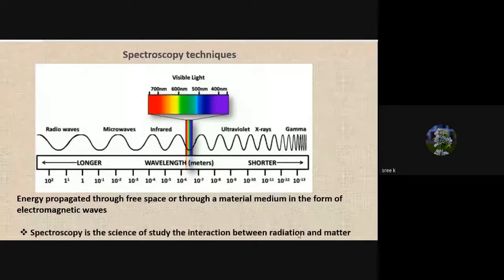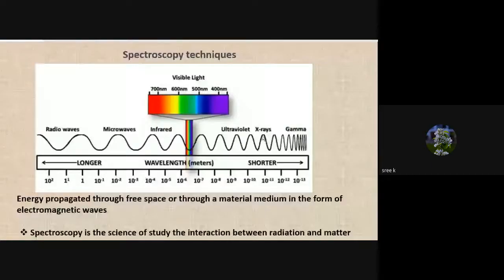So you have radiations at different wavelengths interacting with small matter like electrons, atoms or molecules, which cannot be understood directly by any other method. So the spectroscopic method is very important.